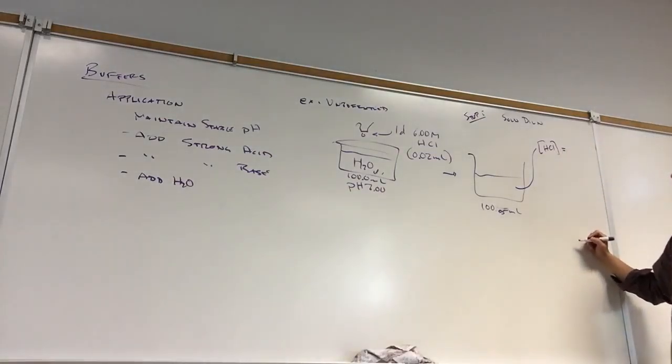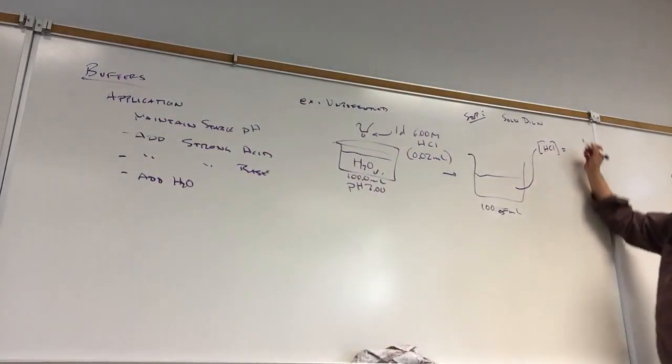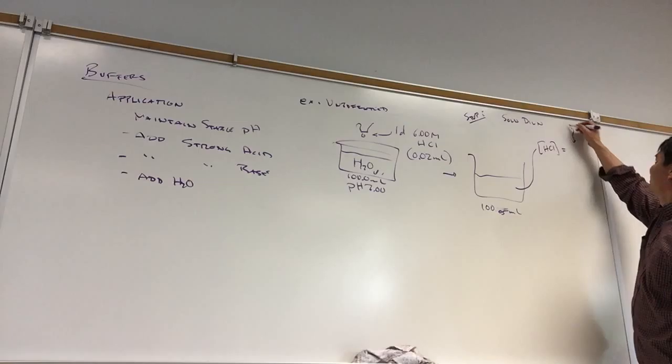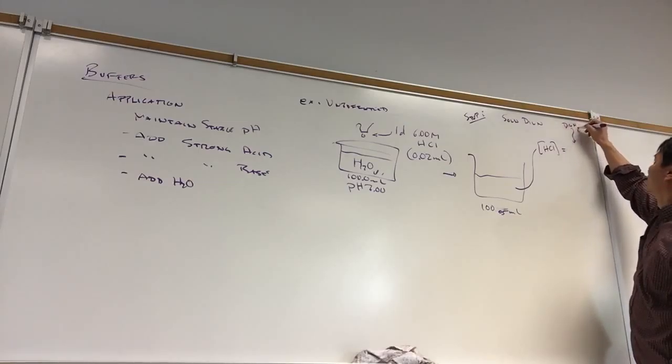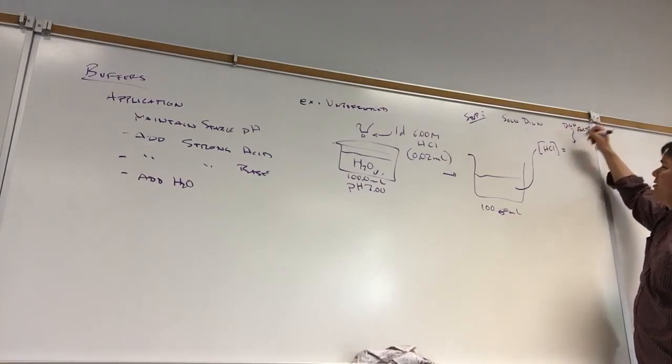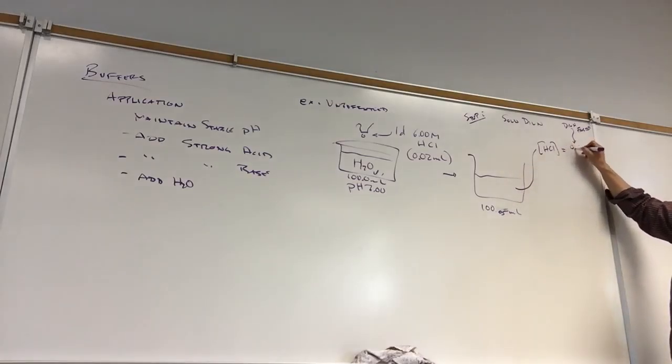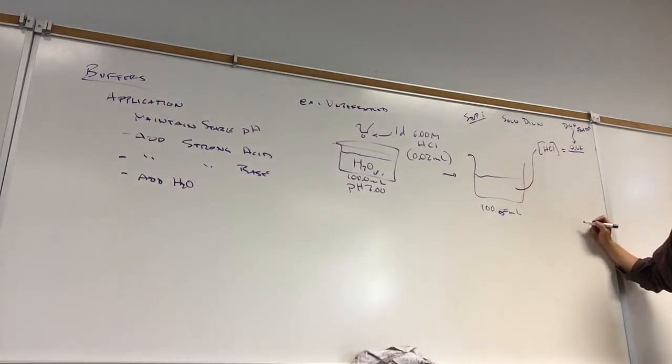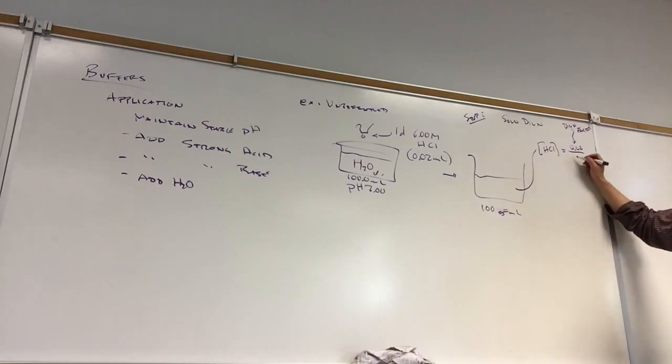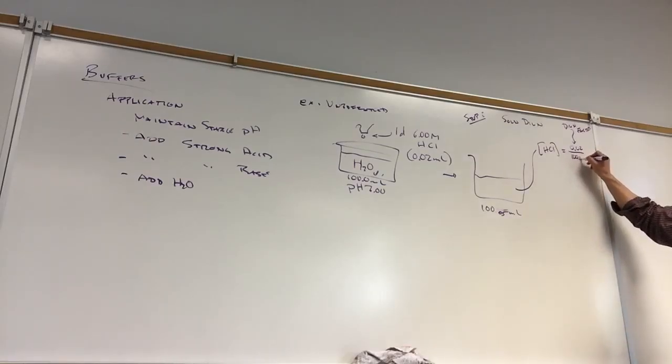And so HCl, with solution dilution, we have something called the dilution factor. The dilution factor is just the initial volume, 0.02, divided by the final volume, which is 100.05.